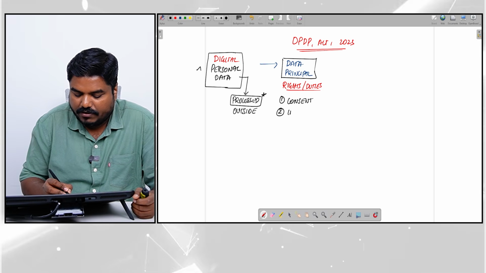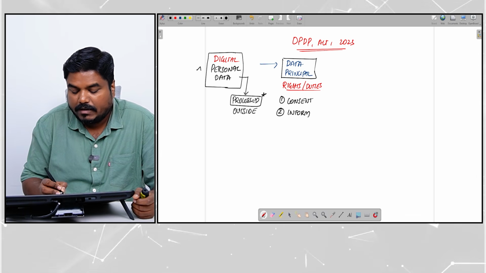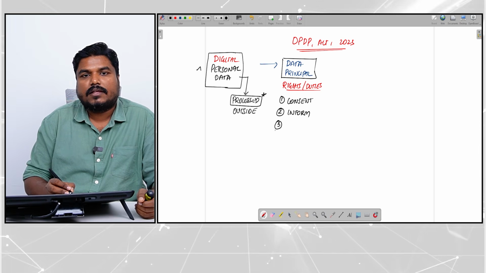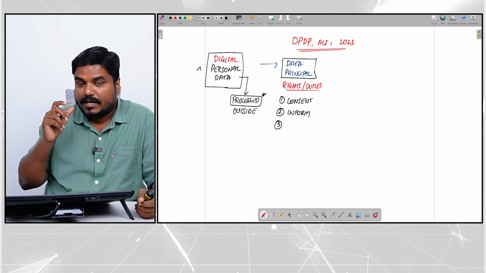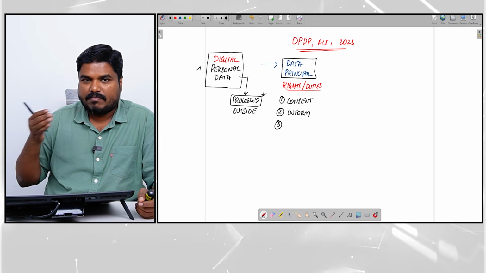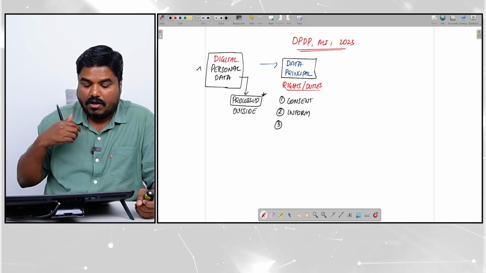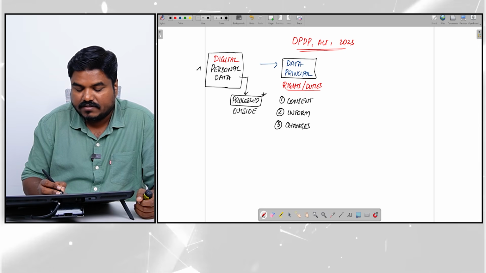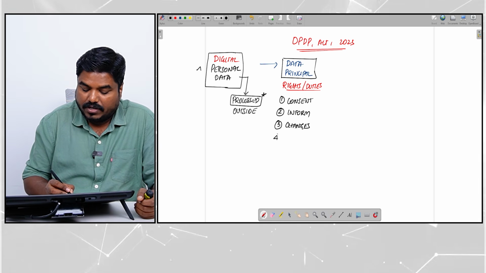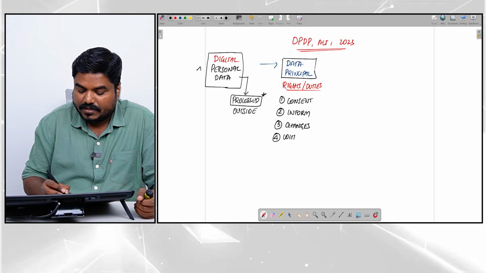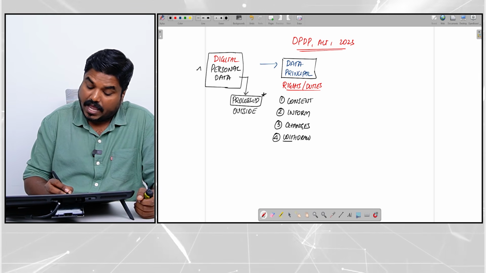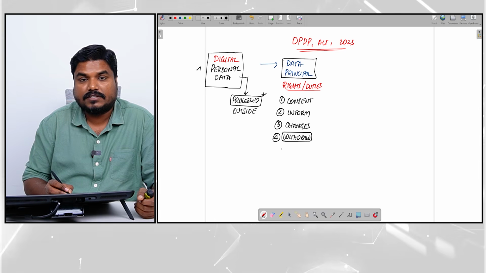Second, they have to inform me for what purpose they are processing the data. Third, they have to ensure the correctness of the data. I have given my data, and they have to maintain it correctly. Or if I want to make some changes, they have to allow me to do so. Number 4, if I want to withdraw the consent, I can very well withdraw it.